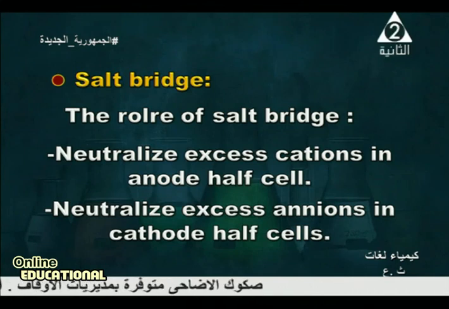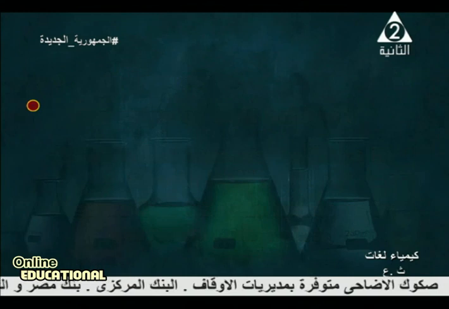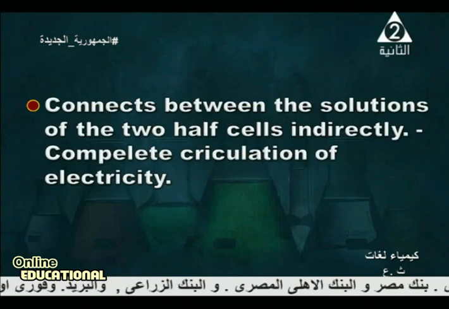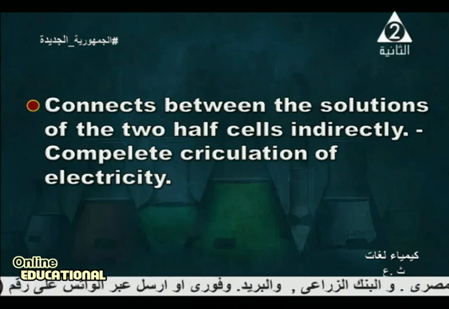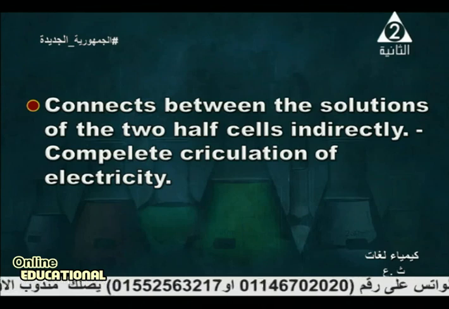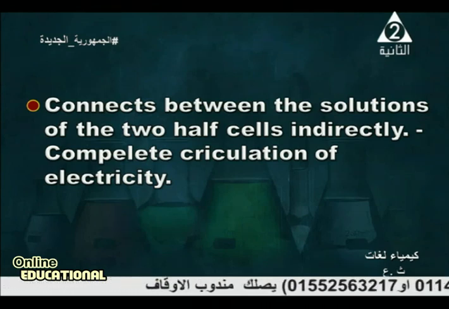Salt bridge, don't forget. You must know it. After that, I have another question: connecting the solutions of the two half cells indirectly completes the circulation of electricity. Do you think what this means?